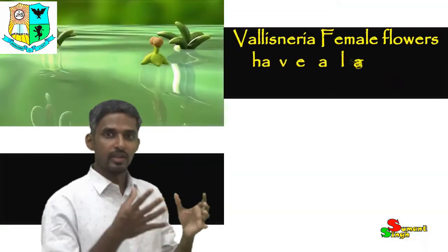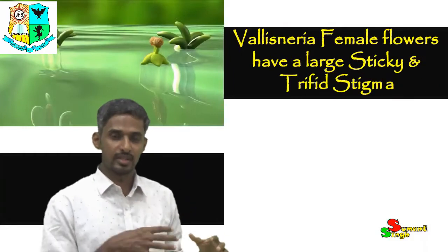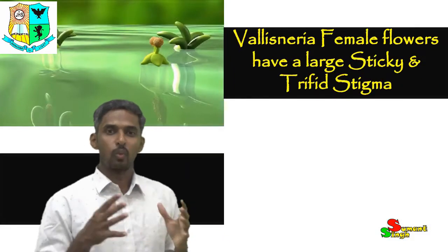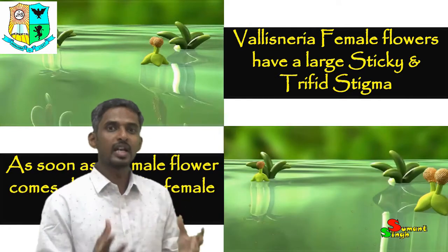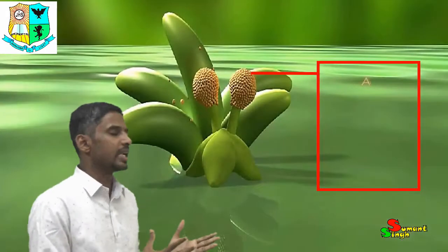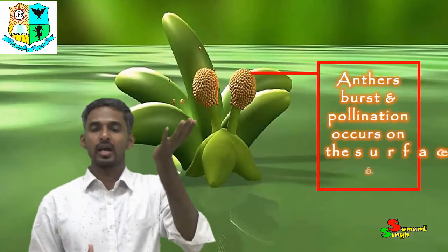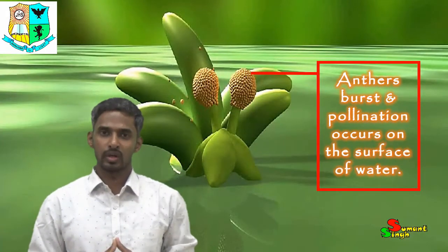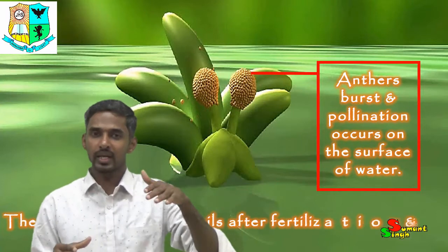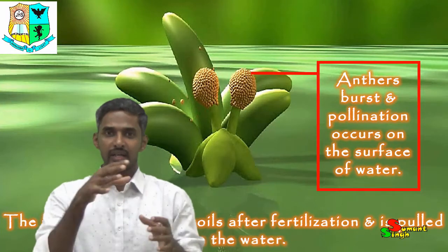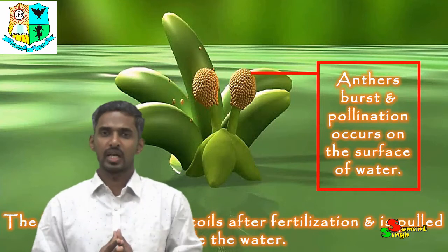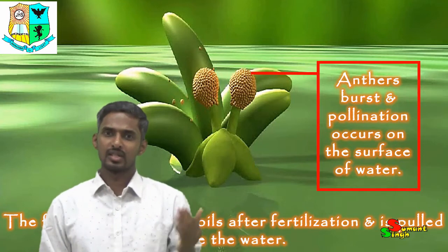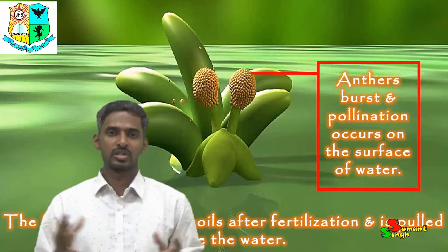Once the stigma reaches the surface, the male flower, which is submerged inside the water, once the anther is matured and pollen grains are ready, pollen grains are released. Now these pollen grains float up to the surface of the water, and through the water current, they may come and reach the stigma. Not all will reach. It is by luck, and whichever reaches the stigma, the further process takes place.